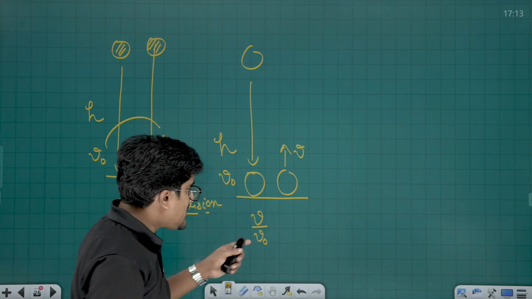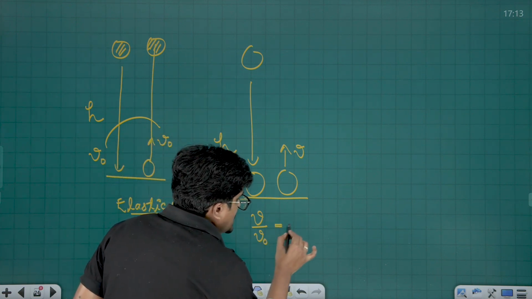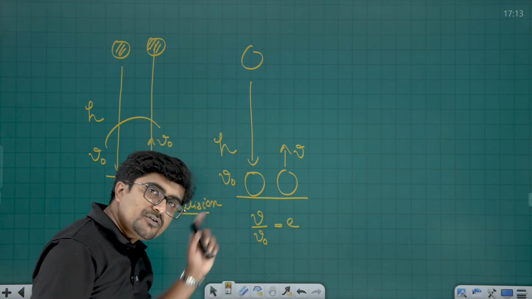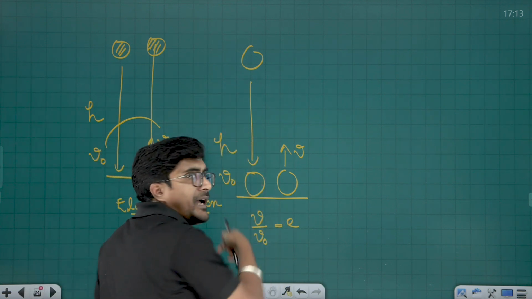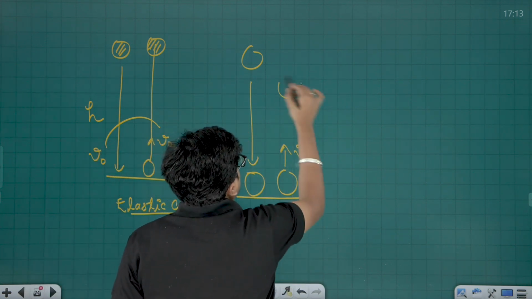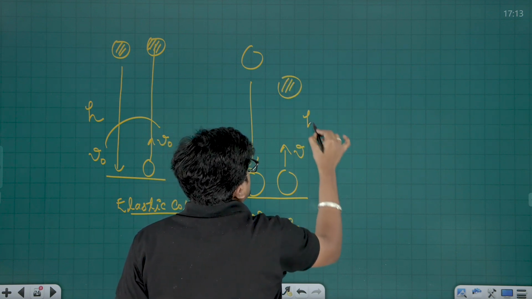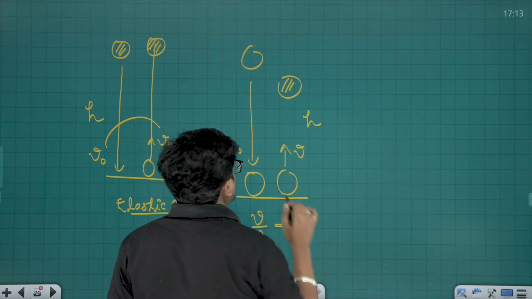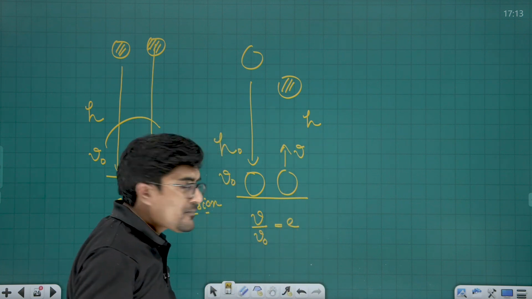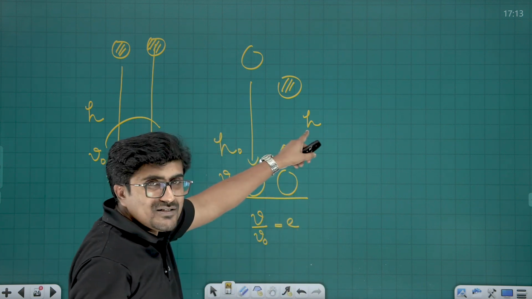So velocity of separation upon velocity of approach is what we call the coefficient of restitution. Now if this came from a height of h0, after collision it's going to reach up to a height of H only.